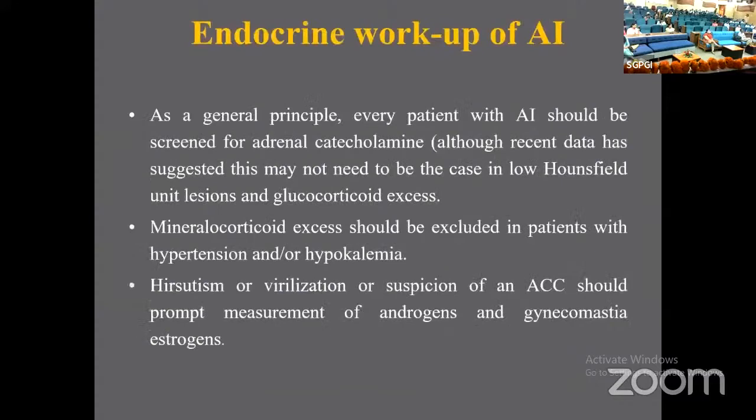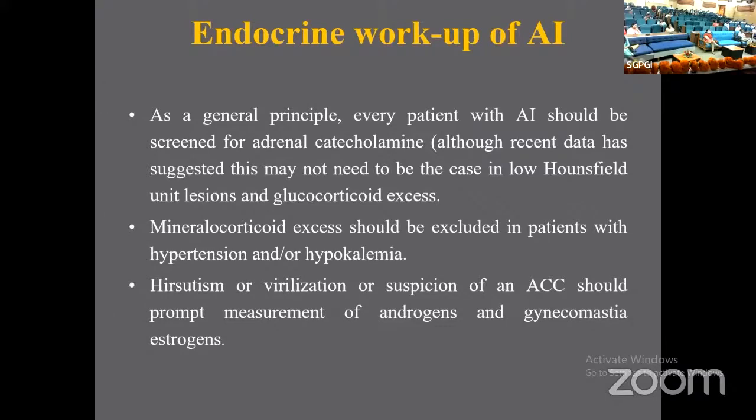Now, the endocrine workup which we normally do in our practice is that, first of all, as a general principle, adrenal incidentalomas should be screened for catecholamines, all adrenal lesions, except that recent data has shown that in cases which have a low Hounsfield unit, for example minus 40, minus 50, where the CT diagnosis of myelolipoma can be made, you can exclude doing a catecholamine estimation.